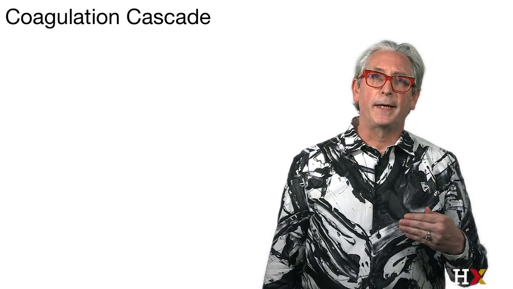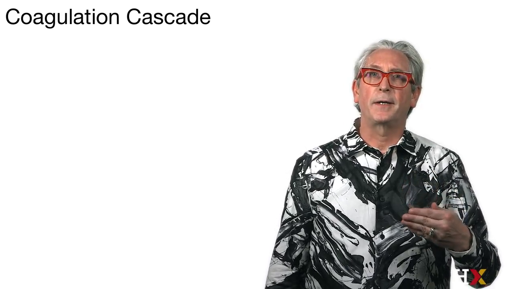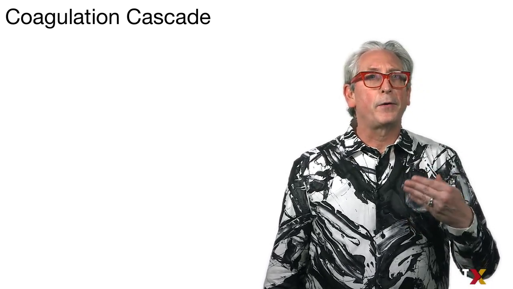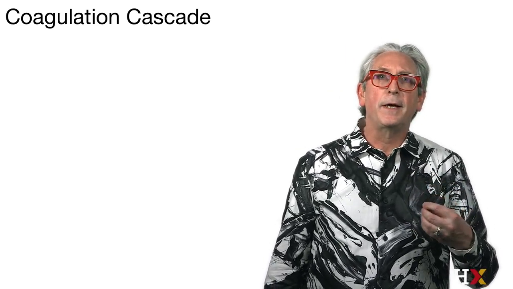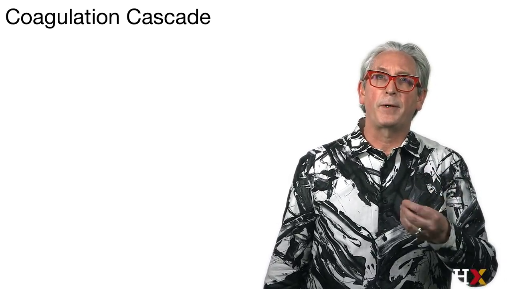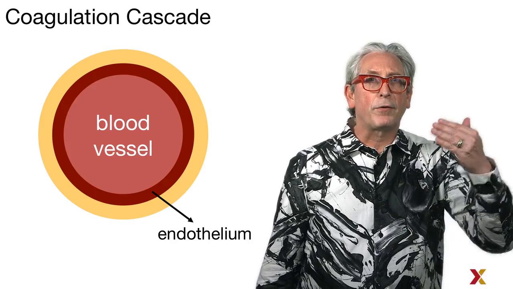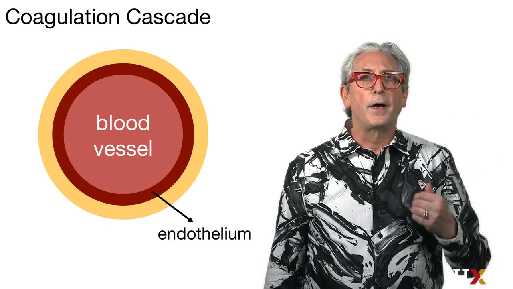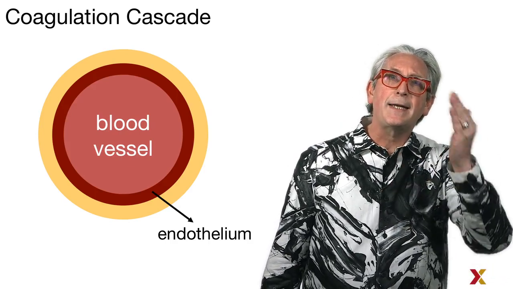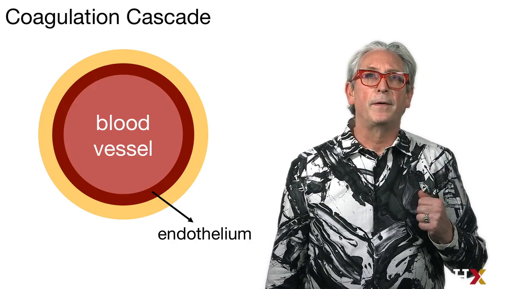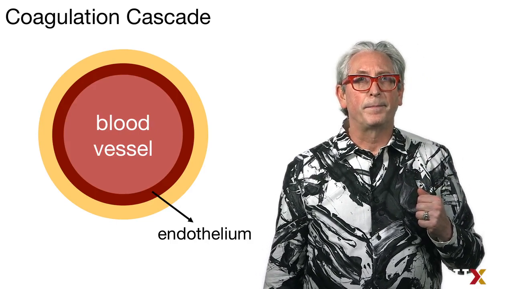Let's look in more detail at how a vascular cut can activate the coagulation cascade and ultimately the thrombin-mediated fibrin polymerization. As you can see on this cross-section of a blood vessel, the layer of cells lining the lumen of the vessel is called the endothelium.